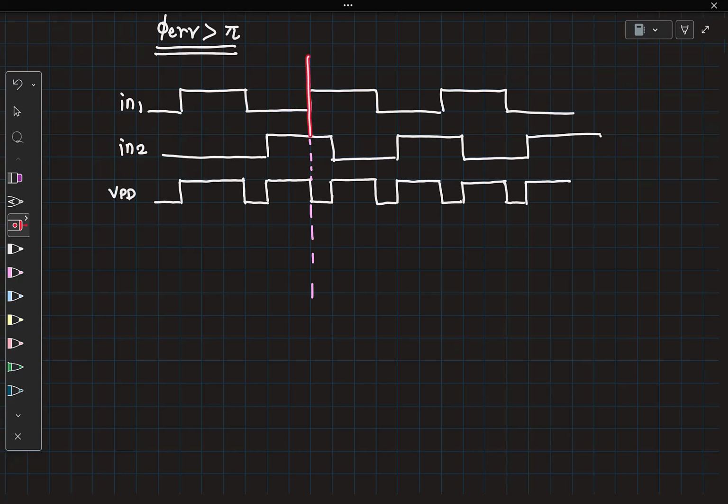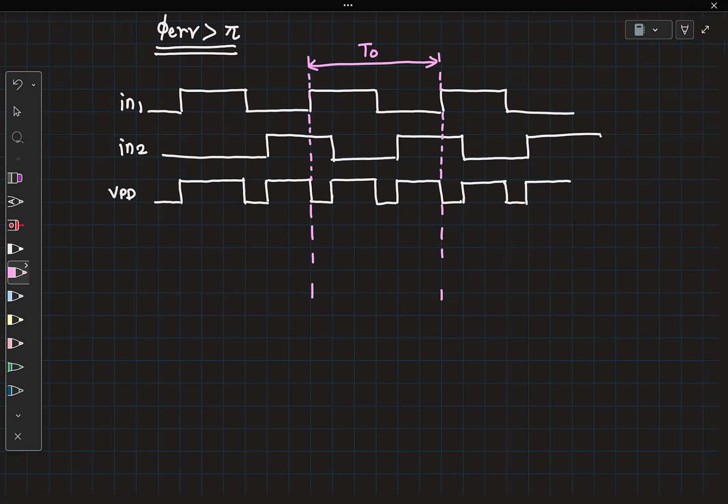So if I were to observe only in1 and in2 for this duration, you'll see that this window is getting repeated over and over again. So if there is any confusion, you directly observe for the window t clock, or t naught, whichever variable you want to use. Now I am trying to observe the VPD output.